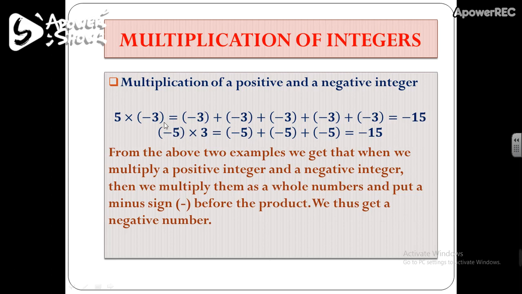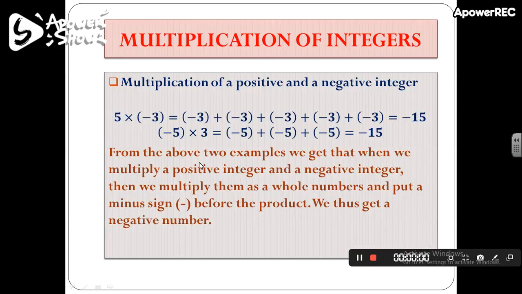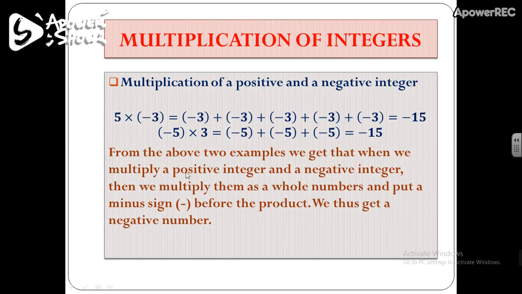Here we are not considering the sign according to which one is bigger and which one is smaller. We are just multiplying these two numbers and then putting the negative sign with the result. So from the above two examples, we get that when we multiply a positive integer and a negative integer, we multiply them as whole numbers.